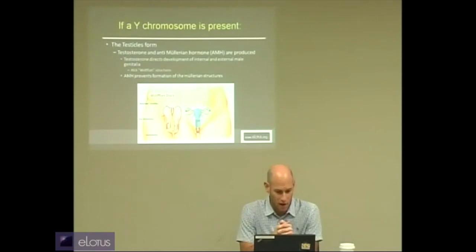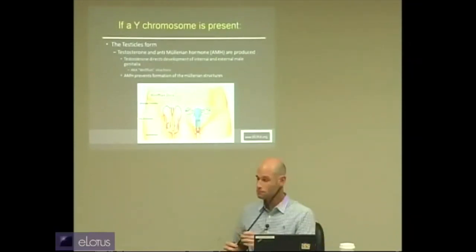And the testosterone, as well as some other androgen hormones, goes on to direct the development of the internal and external male genitalia. These are known as the Wolffian structures. The anti-Mullerian hormone prevents the production of the Mullerian structures.